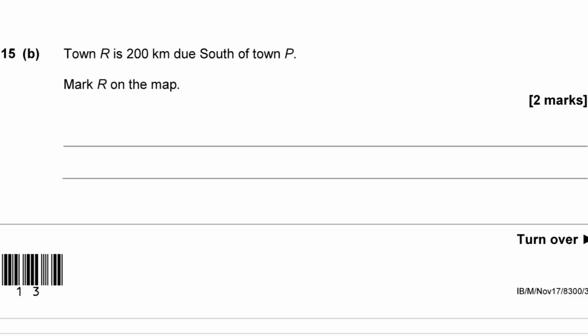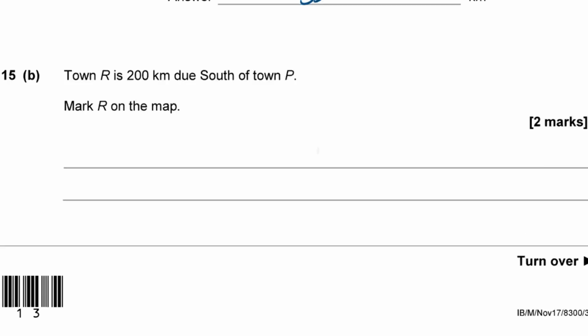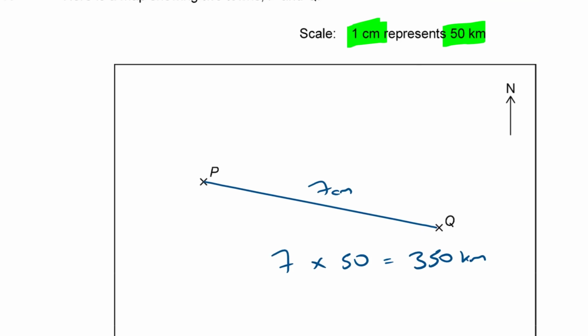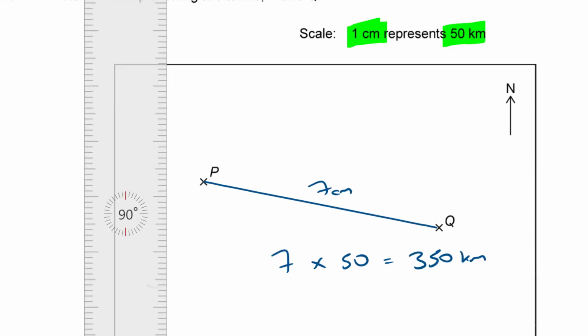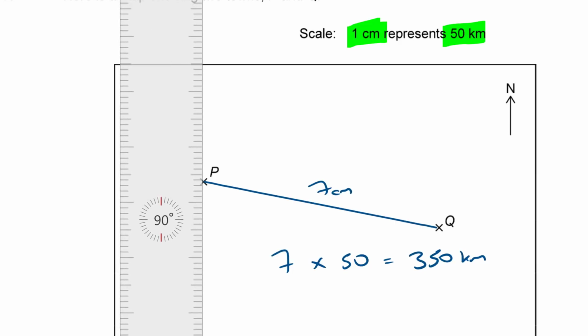Now, town R is 200 kilometres due south of town P. Mark R on the map. So we need to draw a line due south of P. We need to draw a line straight down there.